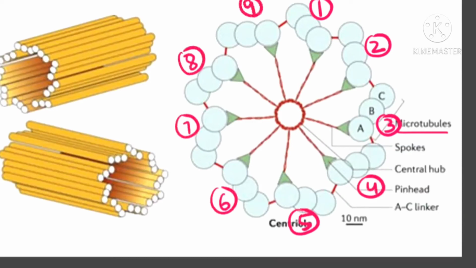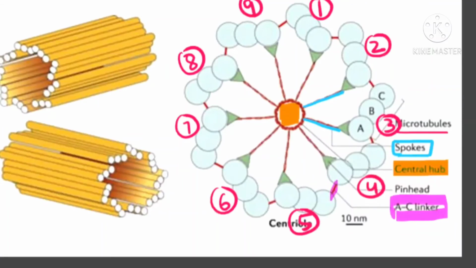The total 9 peripheral microtubules are present in the form of triplets. And these are the radial spokes, which are coming from the A only. In the center is the proteinaceous hub. And this is your C2A linker. Okay, beta, C2A linker.